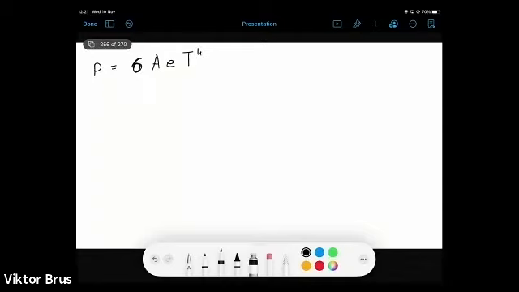This sigma is a constant. Its value is 5.669 times 10 to the minus 8 watts per square meter Kelvin to the fourth power.